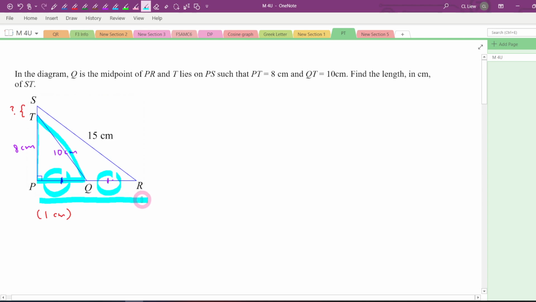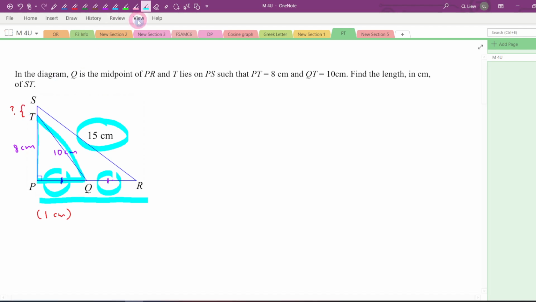Once you have the length here, you can use Pythagoras' Theorem, using this and this to get the side length of PS. Once you have PS, you can minus 8 and you will be able to get ST.